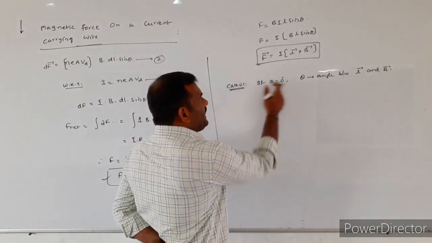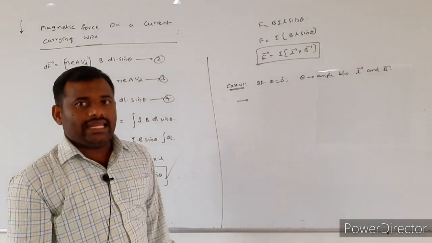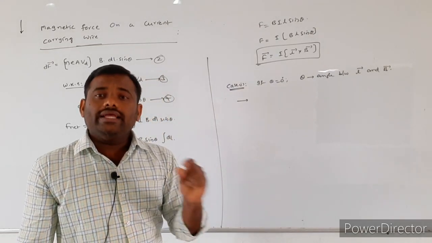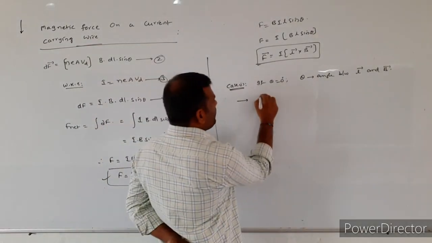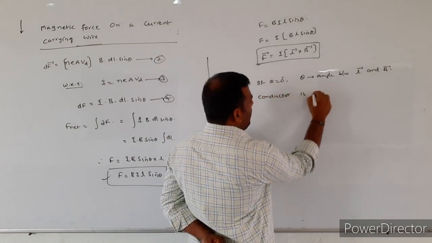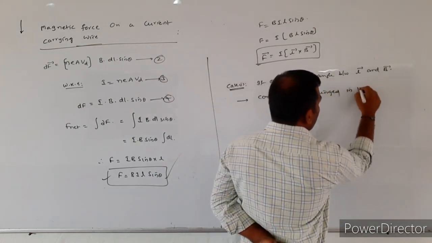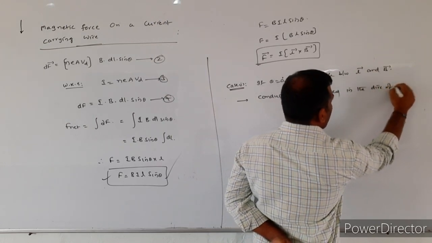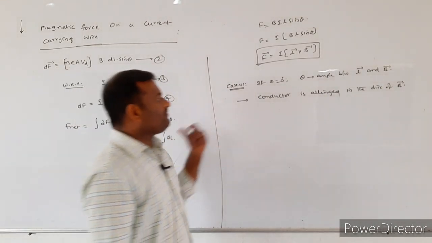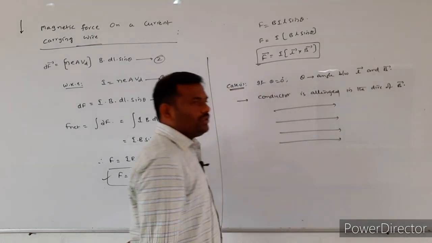So, here theta is equal to 0 means the current carrying conductor will be aligned in the direction of the magnetic field. See, I consider the uniform magnetic field.